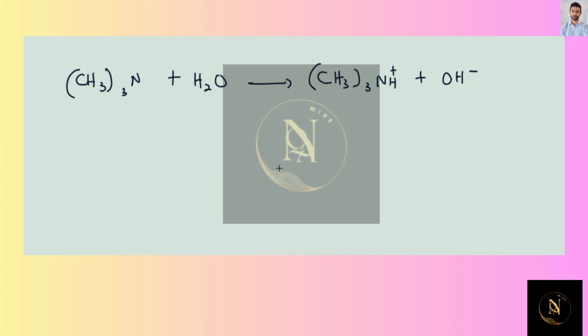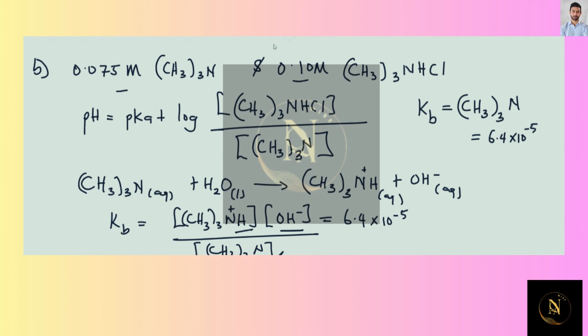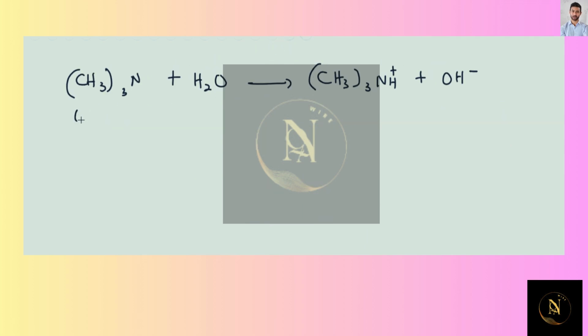We start with 0.075 molar of this and 0 of these initially, then the change will be minus X and plus X and plus X. At equilibrium, we have 0.075 minus X, plus X, plus X.